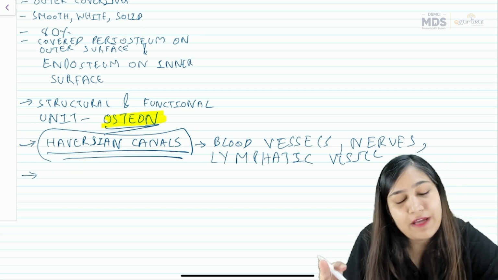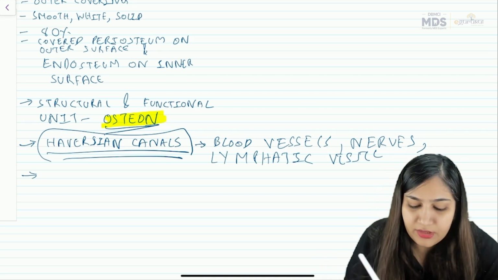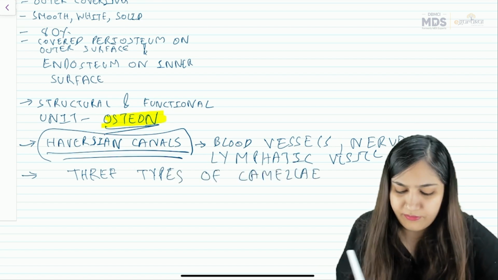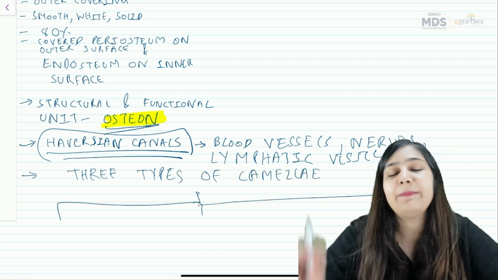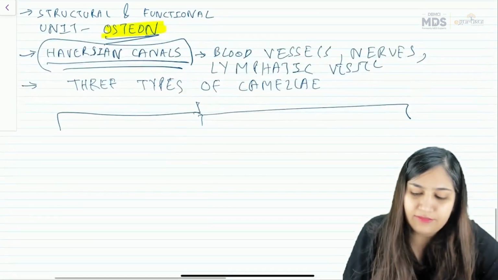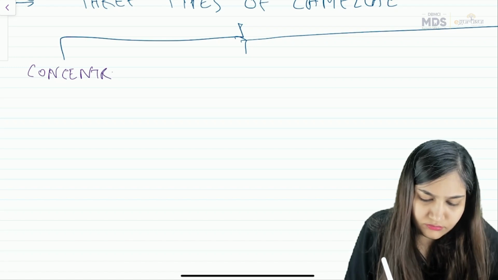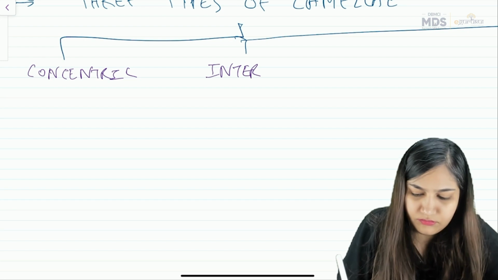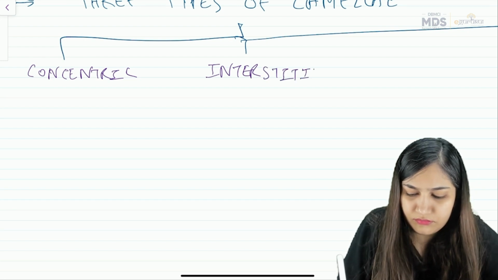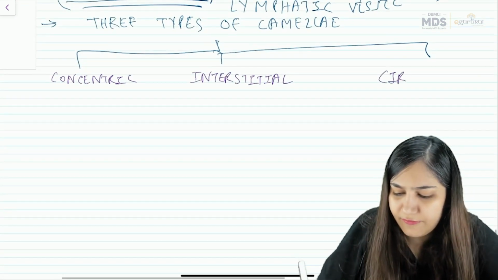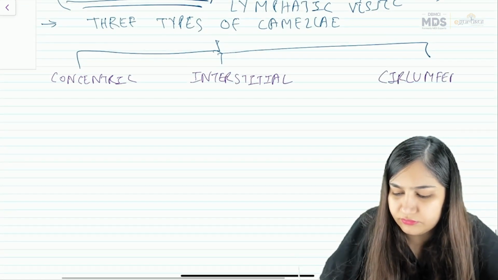So there are three types of lamellae based on their location. Which are the three types? Concentric lamella, circumferential lamella, and interstitial lamella.